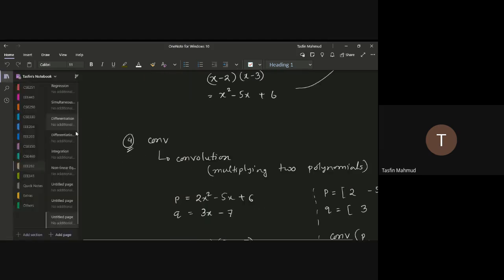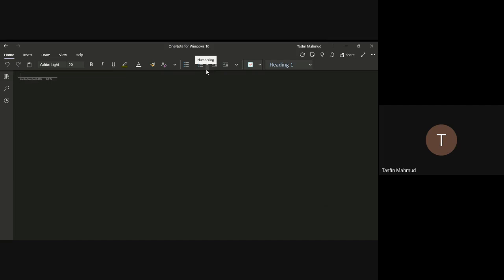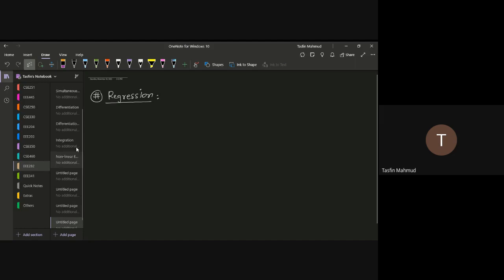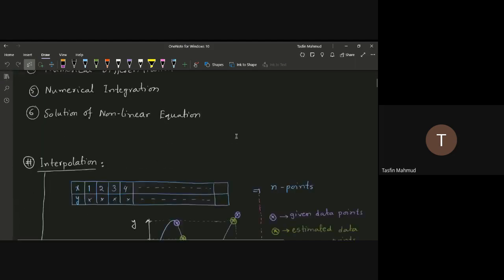So the idea of regression is pretty much simple and similar to interpolation. If we have a basic idea, then regression is nothing difficult. The key difference between interpolation and regression is that, let me copy the graph from the previous lecture.